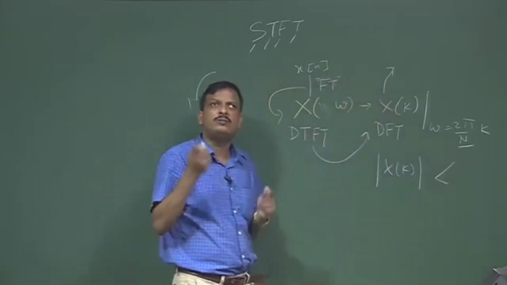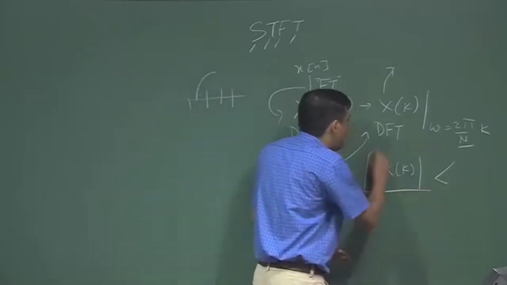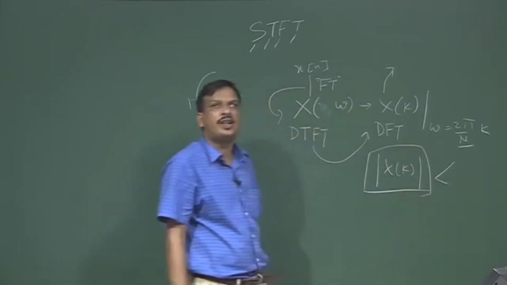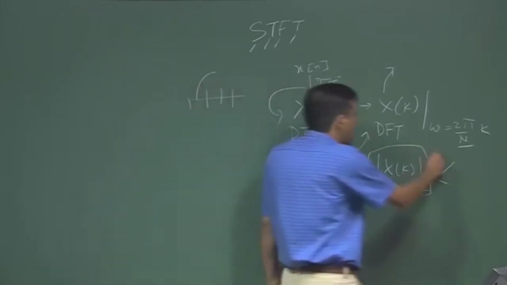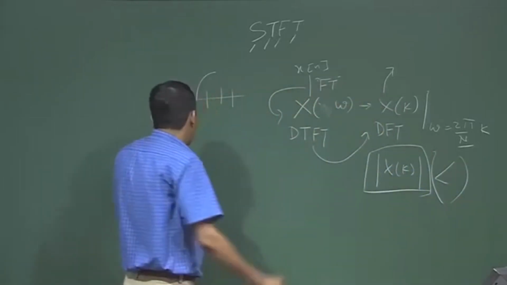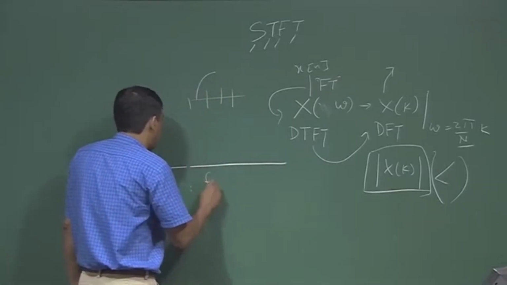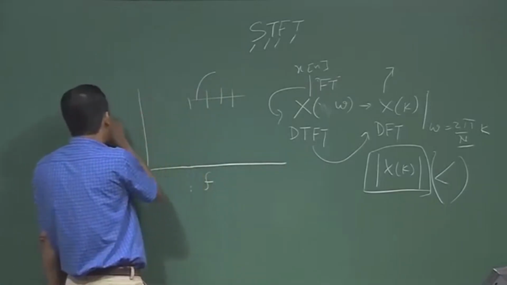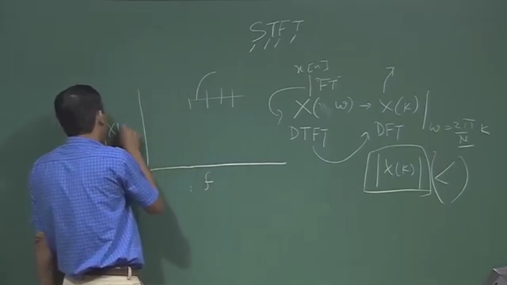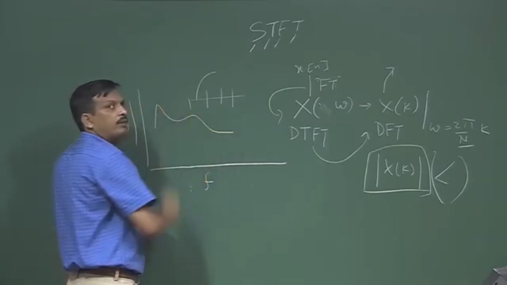So, this is phase. If I take the spectra of magnitude only, then it is called magnitude spectra. If I take the phase only, then it is called phase spectra. So, if this axis is the frequency and the y axis is the magnitude of the discrete Fourier transform, then I call this a magnitude spectra.